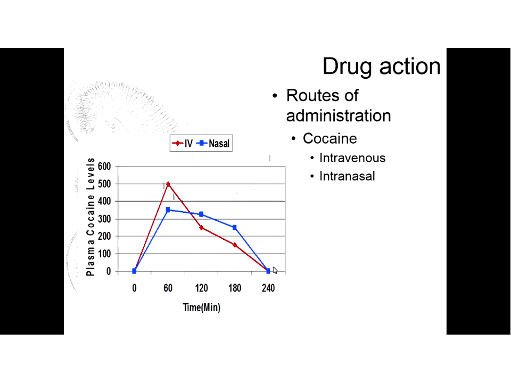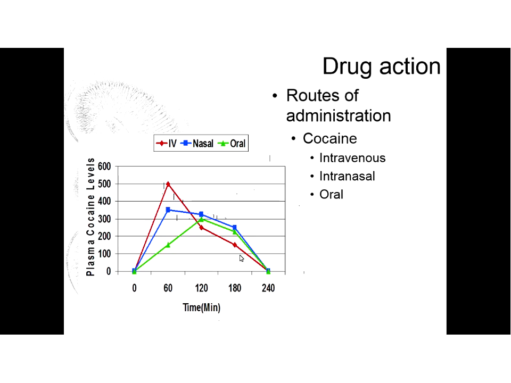So intranasal inhalation there, where it has to diffuse into the circulatory system, we see that we don't get that immediate increase in plasma levels, but it remains fairly stable. It remains fairly constant, and there isn't that very quick drop-off. So the way the drug unfolds through time, the levels can vary depending on the route of administration.